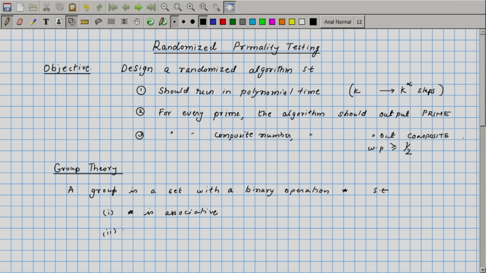Since it is a binary operation, we will assume closure. For any two elements in the set, if you combine them using star, the resultant element will be an element of the group.